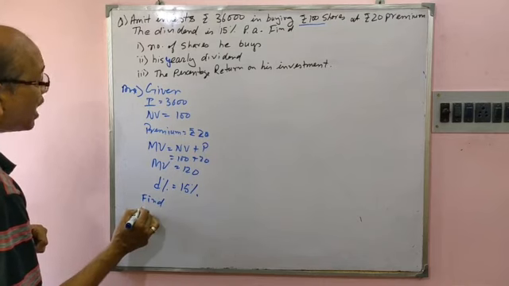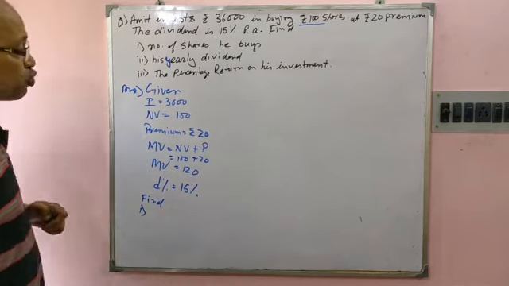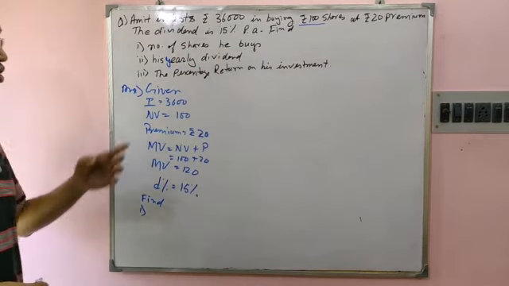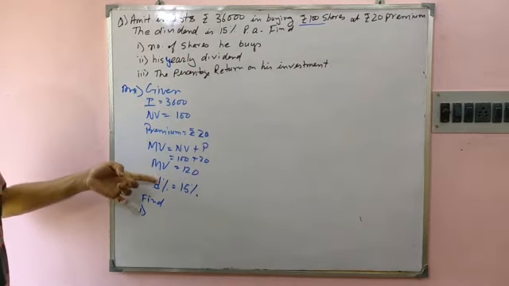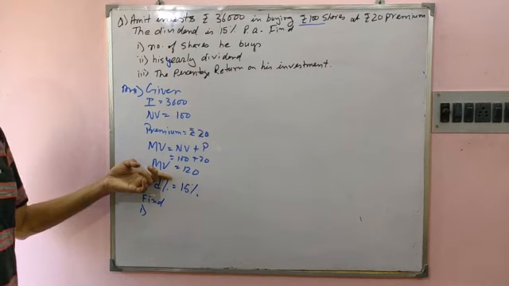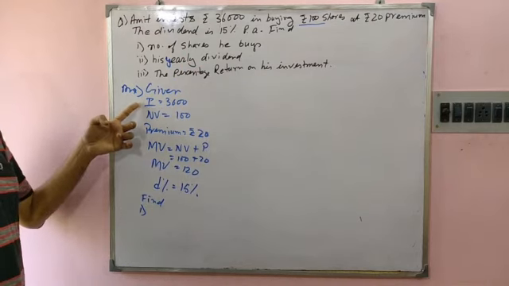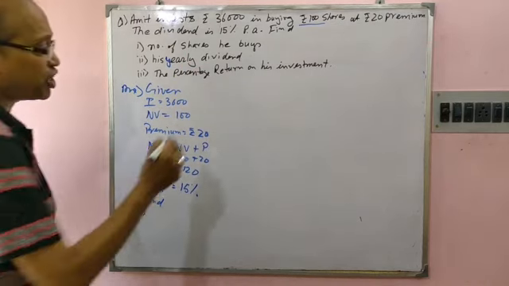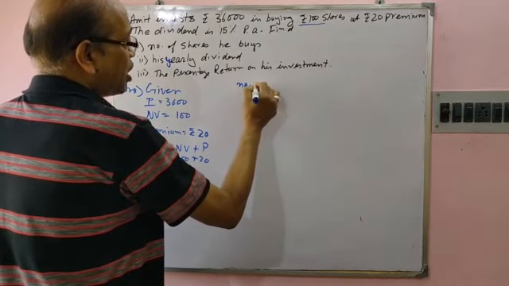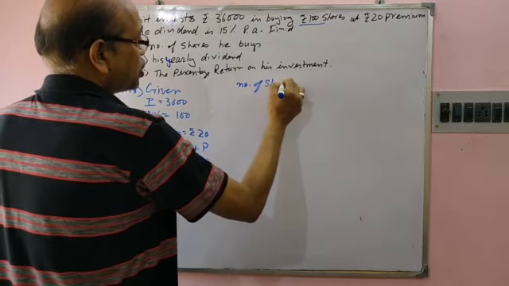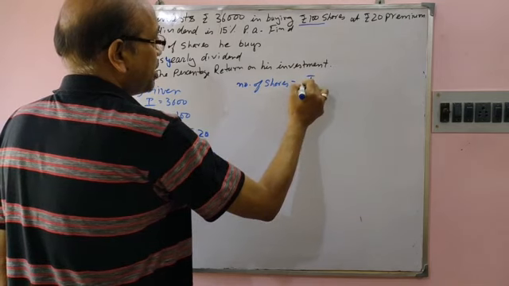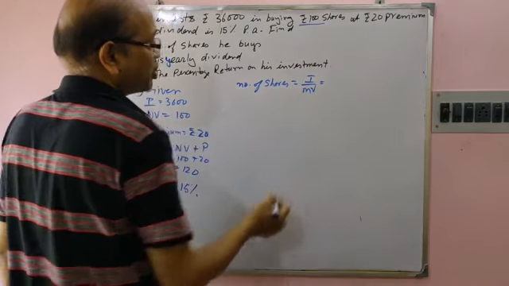What we have to find? One, number of shares. So what is the formula for number of shares? We can use the investment formula because we have the market value. We also know the market value and we have the investment. From there we can find the number of shares. Therefore, number of shares is investment by market value of one share.